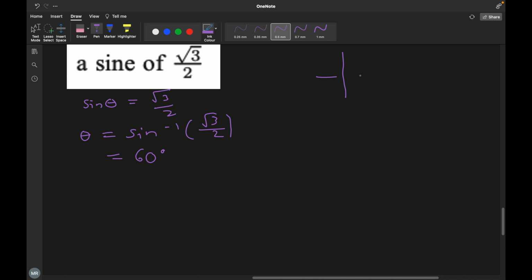The same rule applies here. All students trust Cambridge. So sine is positive in the second quadrant. Therefore, theta equals 180 minus 60, which is 120 degrees.